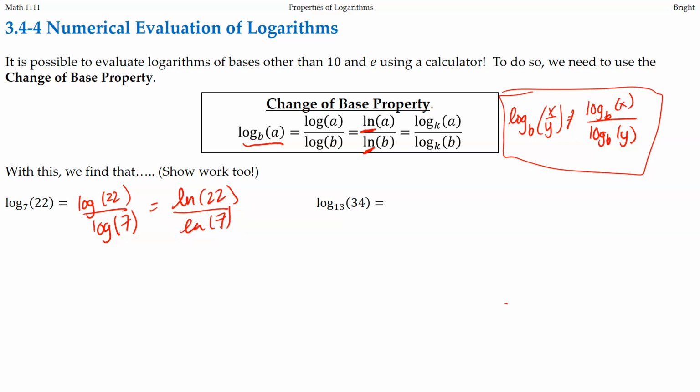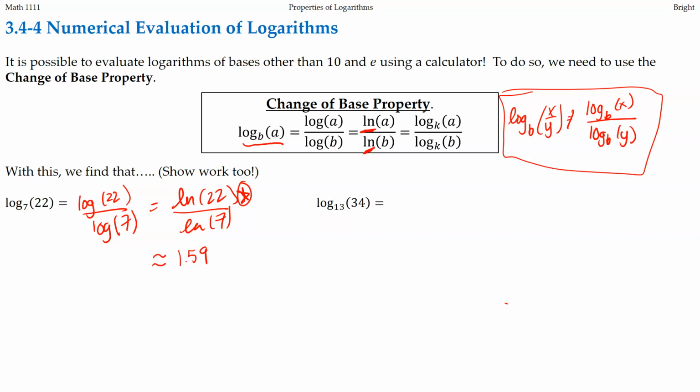If you calculate that, you get approximately 1.59 if you round to 2 decimal places. I did the natural log in my calculator just because I have to use natural log. It's just something in my brain.